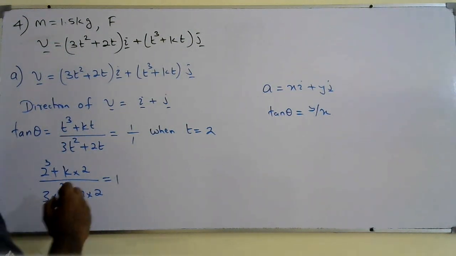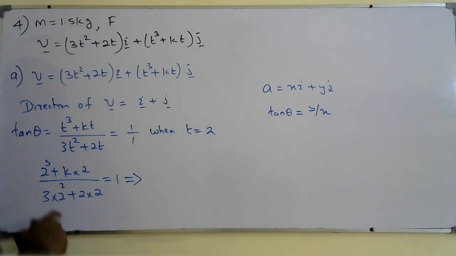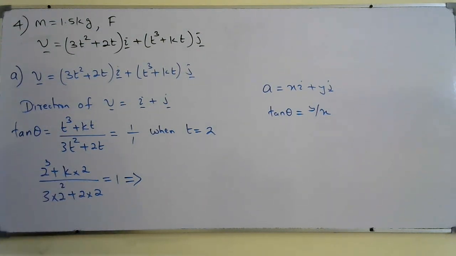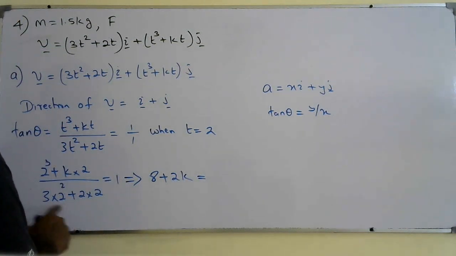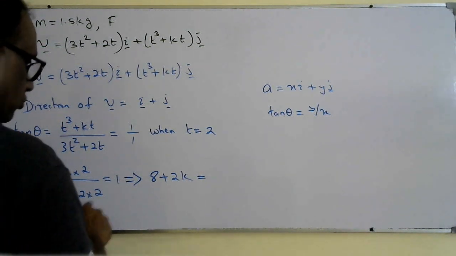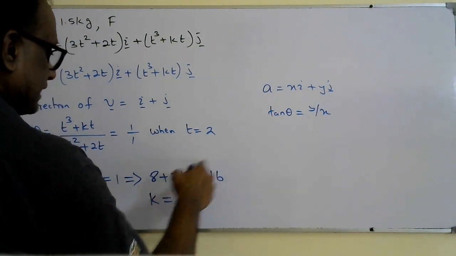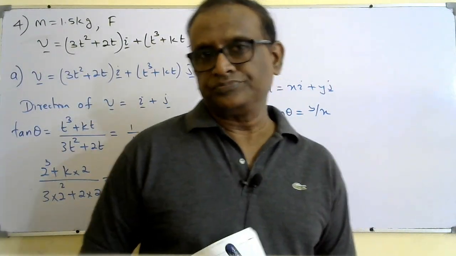Okay, solve it and find k from here. The denominator is 4 into 3, 12, 12 plus 4, 16. The numerator is 8 plus 2k. Cross multiply: 8 plus 2k equals 16. So k is 16 minus 8, that is 8, divided by 2, which is 4. That's the answer for the first part: k equals 4.